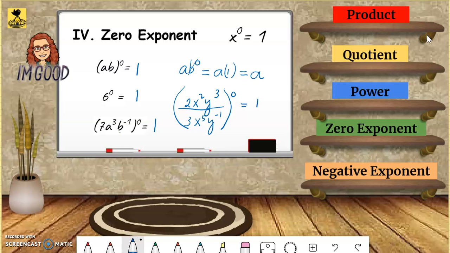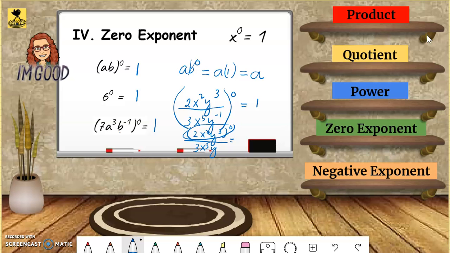However, if I have here (2x squared y cubed) raised to the power of 0, all over 3x to the power of 5 y, for example, then only this part is raised to the power of 0, which is equal to 1.